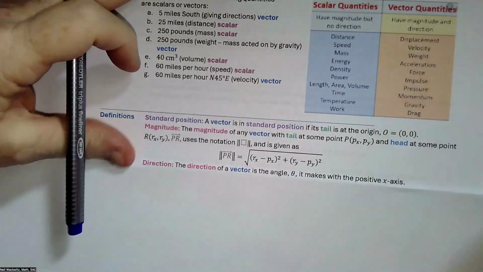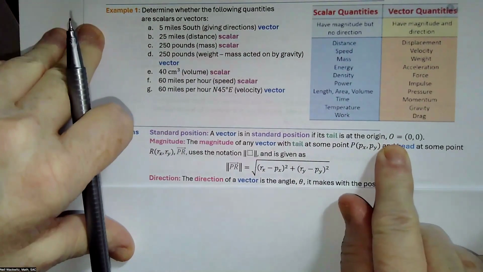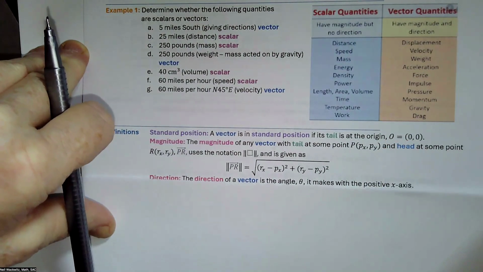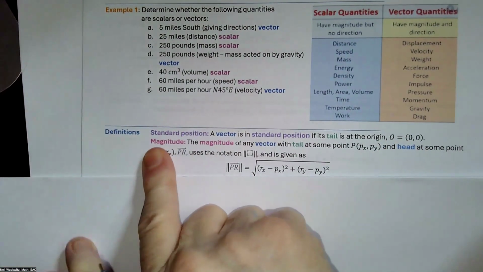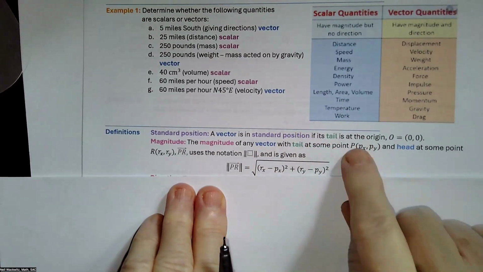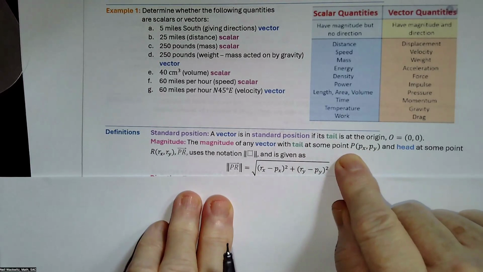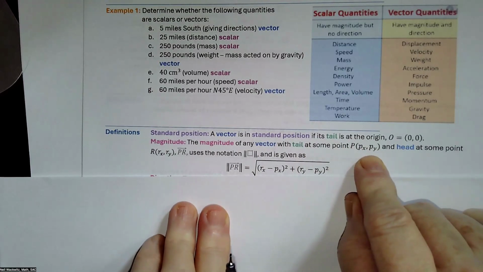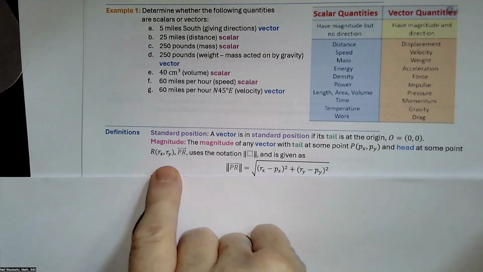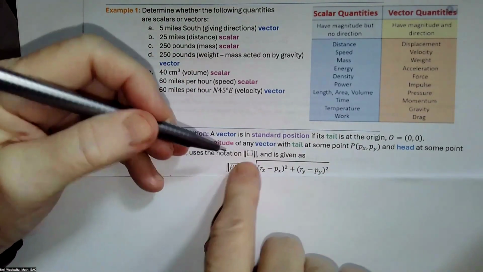A vector in standard position is a vector where the tail is at the origin, 0, 0. The magnitude of a vector, if the tail is some point P, P sub X, P sub Y, and the head is some point R, R sub X, R sub Y. We use this notation with double bars.